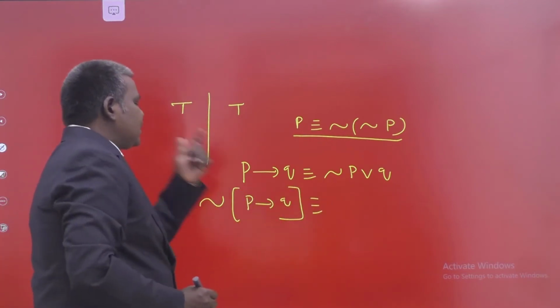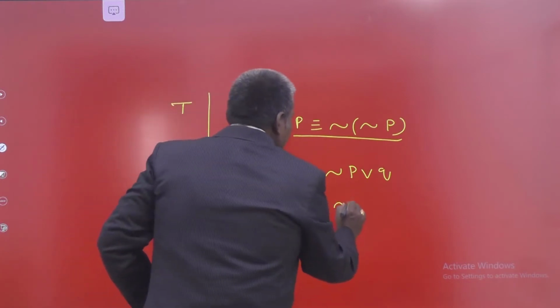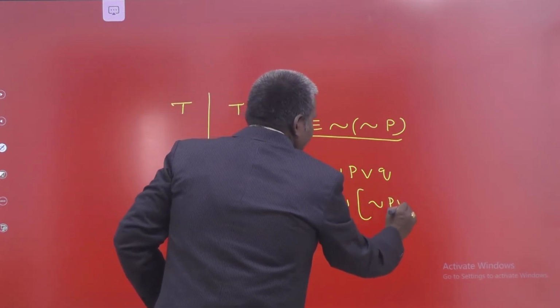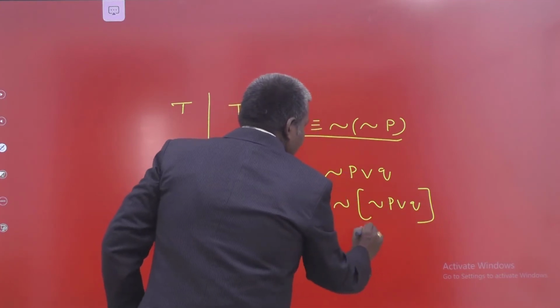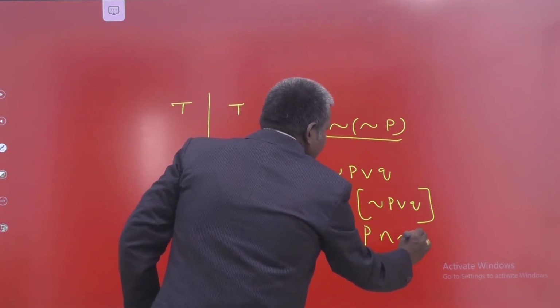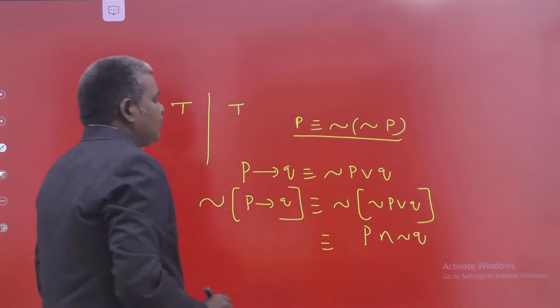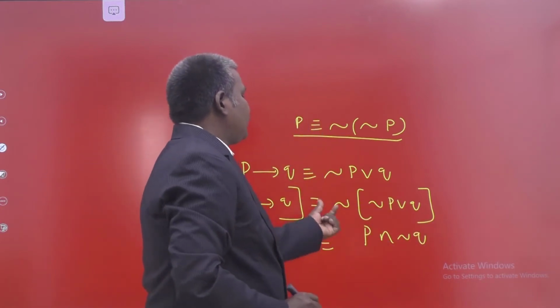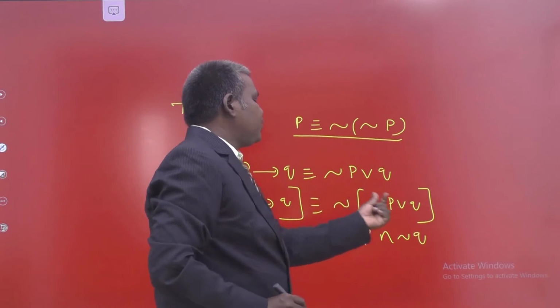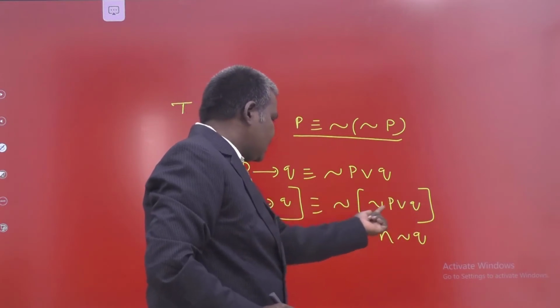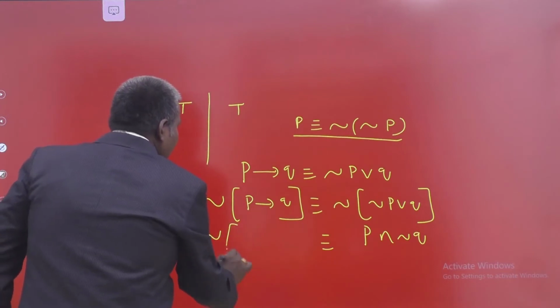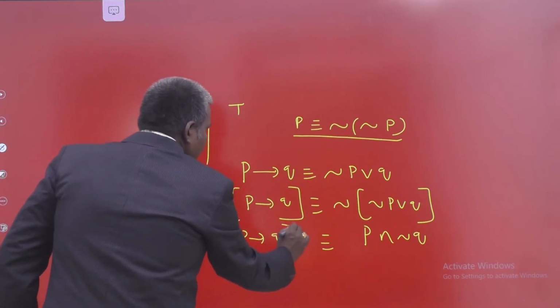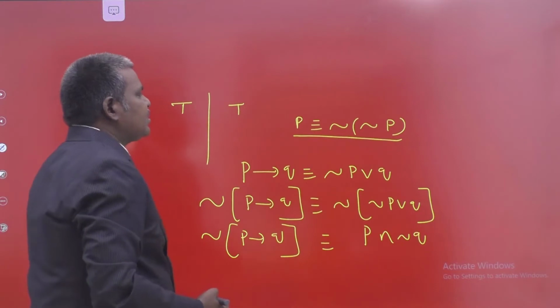Negation of P implies Q is nothing but negation of negation of P or Q, which is negation of negation of P and negation of Q by applying De Morgan's law. Negation of negation of P is P. So, negation of P implies Q is equivalent to P and negation of Q.